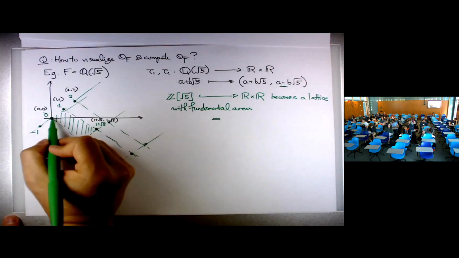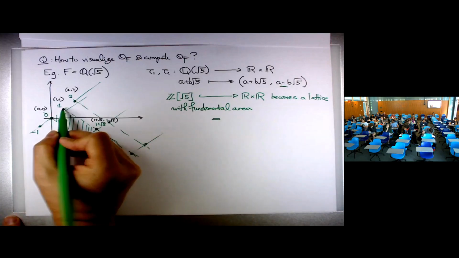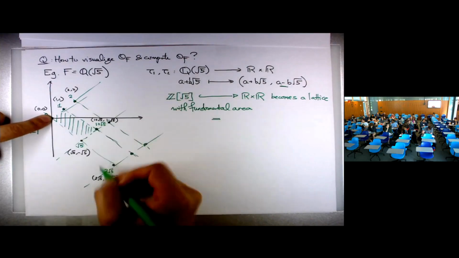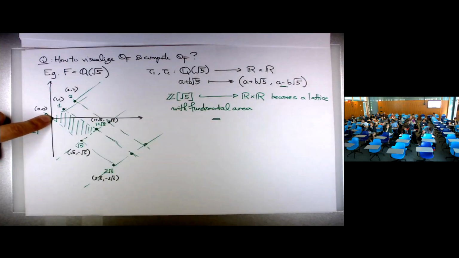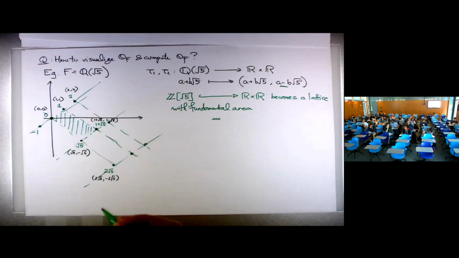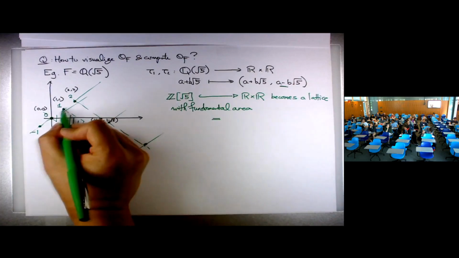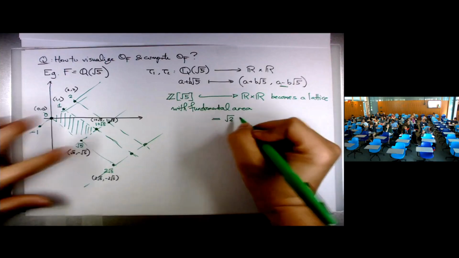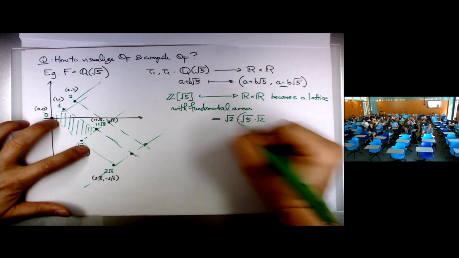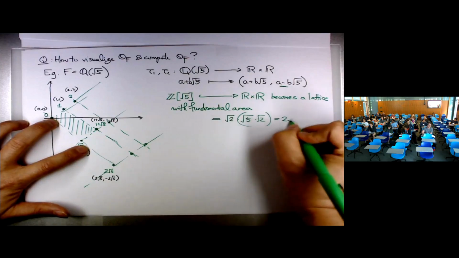This is like (1, 1), so this is all 45 degrees up and 45 degrees down. So it's like a rectangle in this particular case. This side is root of 2, and this side is root of 5 times root of 2. So I get 2 root of 5.